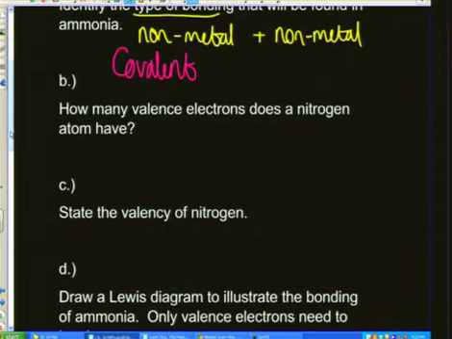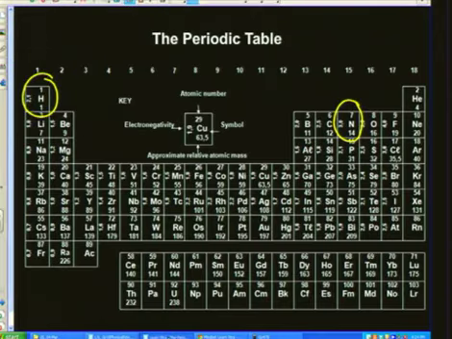How many valence electrons does a nitrogen atom have? So I go across to my periodic table. I've already identified it. There it is, nitrogen, 7, 14. It's in group 15. And remember from when we did the periodic table that the group number, group 15, means it's going to have 5 valence electrons. Why? Because obviously I'm taking away the transition elements.